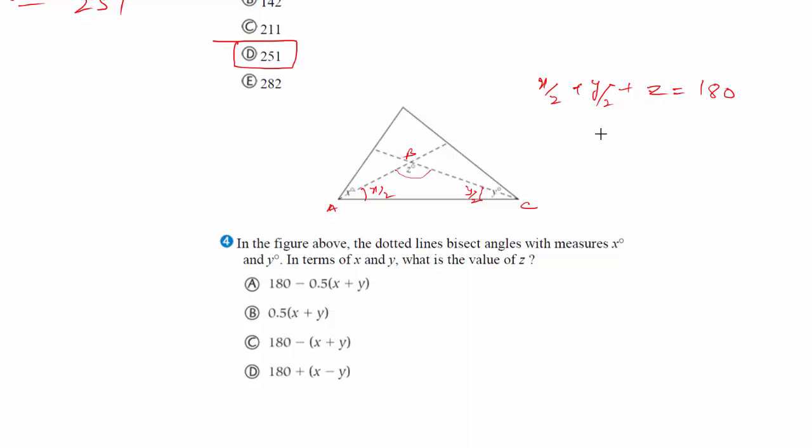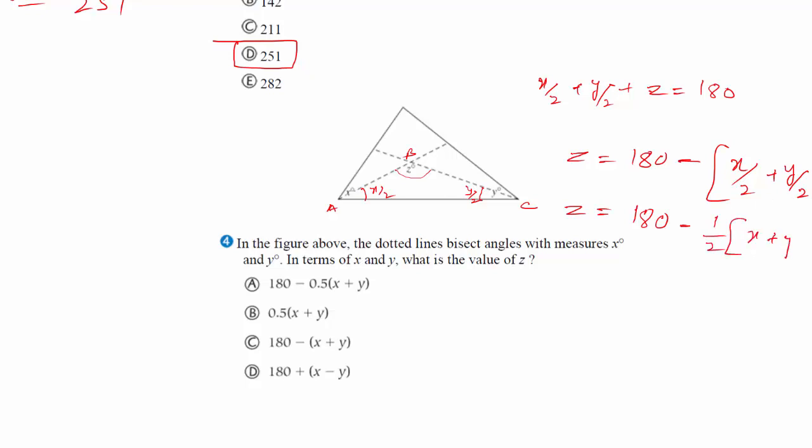We have to calculate z in terms of x and y, so z equals 180 minus x by 2 plus y by 2, taking the negative outside the brackets. The 1 divided by 2 can be taken as common, so it can be written as 1 divided by 2 times x plus y.